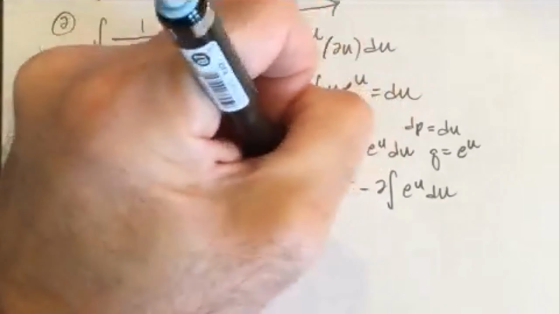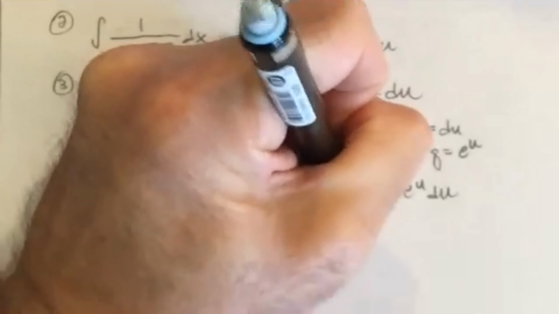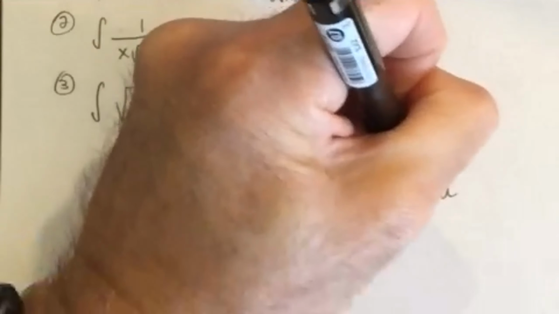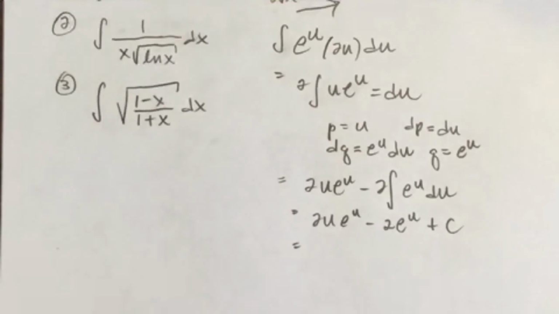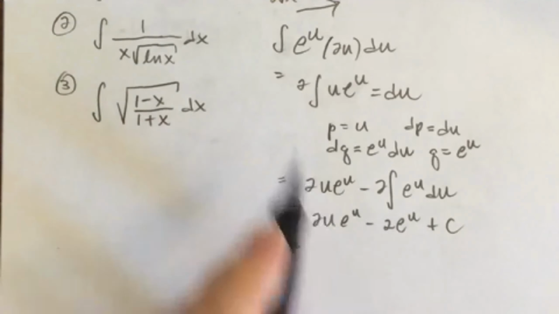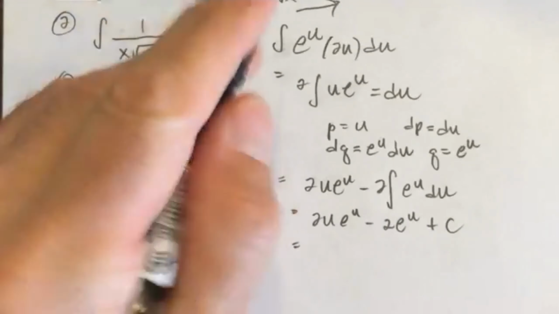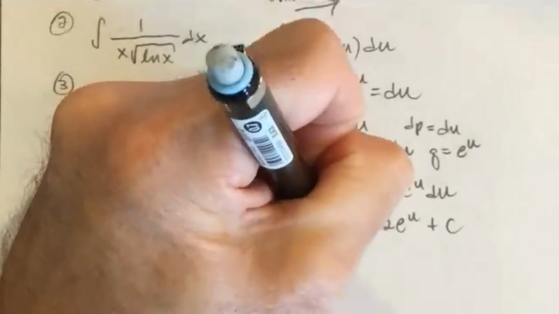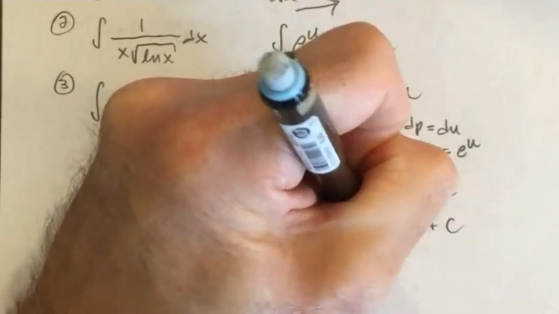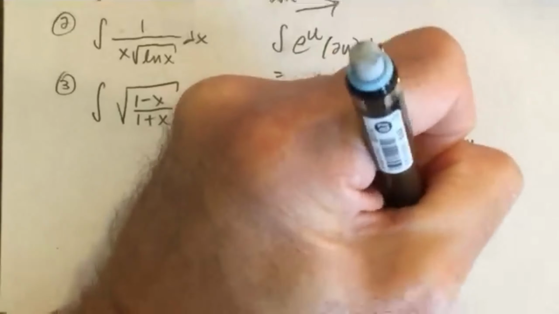And so carrying on, 2u e to the u minus 2 times the antiderivative of e to the u, which is e to the u, plus c. Got to put the u back. So u was way up here, root x. So 2 root x e to the root x, minus 2 e to the root x.